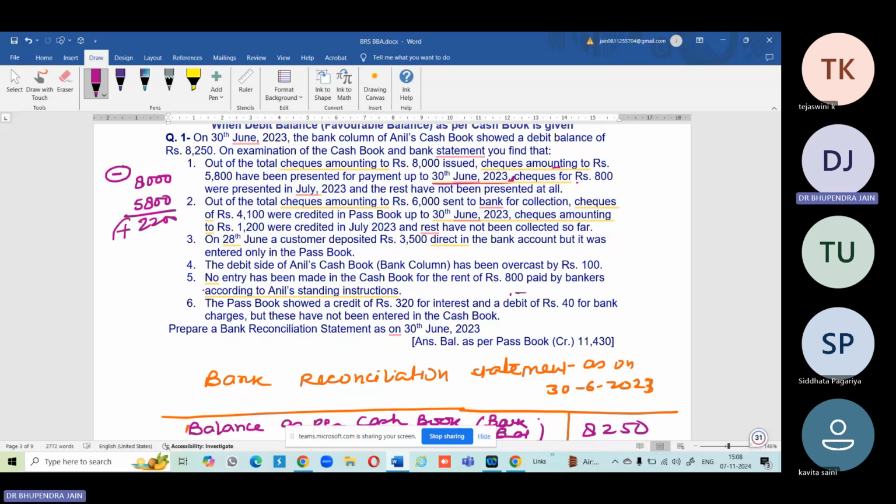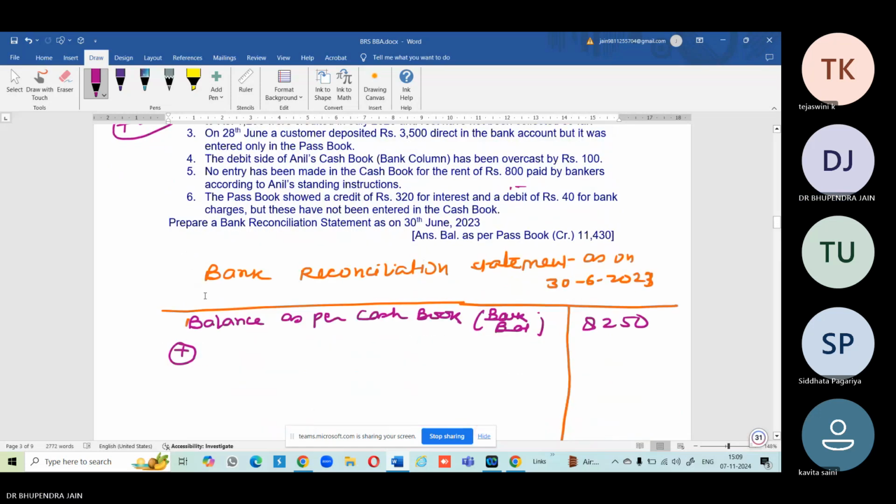So now we have to add 2,200 rupees to the bank balance so that we can match the balance of passbook as well as the cash book. What will we write here? Check issued but not presented.